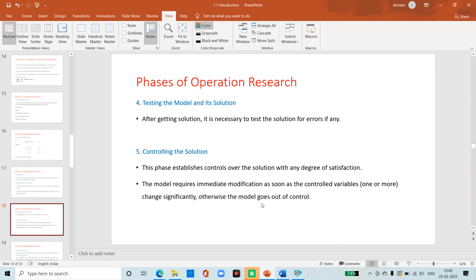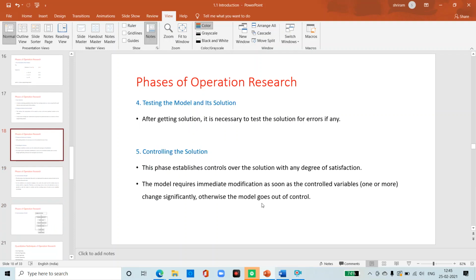As the conditions in the world are constantly changing, the models and the solutions may not remain valid for a long time. So we discuss here the case where conditions are changing day by day.